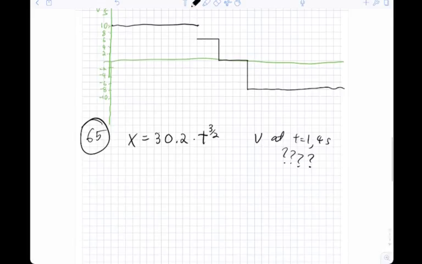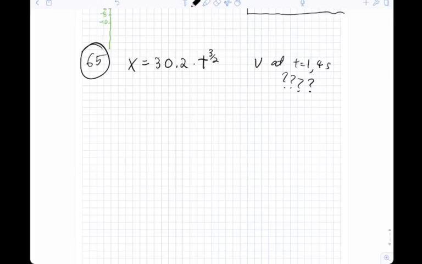This question's not so hard. All we do is we say the velocity is equal to the derivative with respect to time. Good. And I'm just going to use the power law.